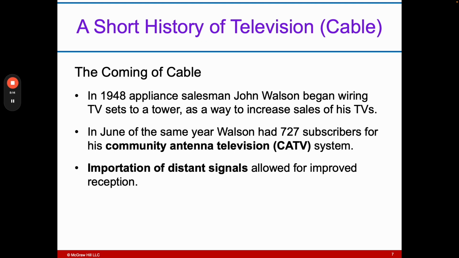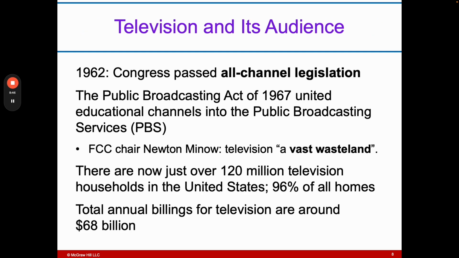An appliance salesman began wiring homes around town with a tower to increase sales of the TVs that he had, so that homes in town could actually watch things if they bought the TV. Really interesting stuff there. And this was not just one person or one company or one thing, just as with anything that brought about the evolution of an entire medium, but a lot of different people and companies.